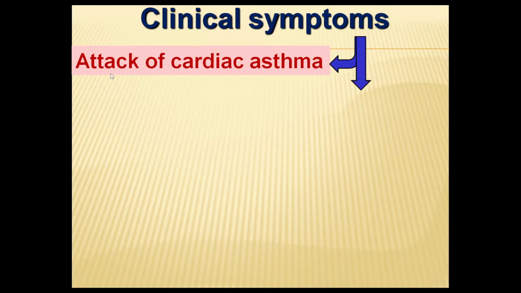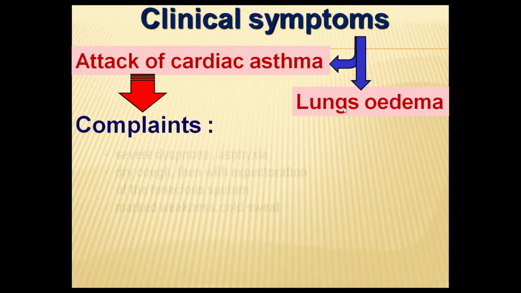Then blood goes into the alveoli, and we are talking about lung edema. The clinical picture of acute left ventricular failure can be divided into two periods, cardiac asthma and lung edema, and the doctor sometimes has to help the patient and prevent his death.